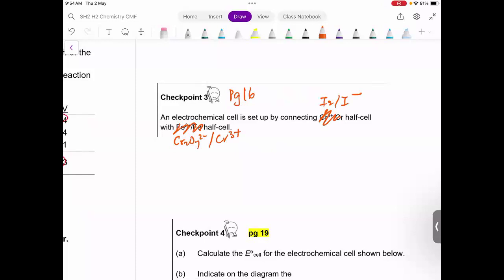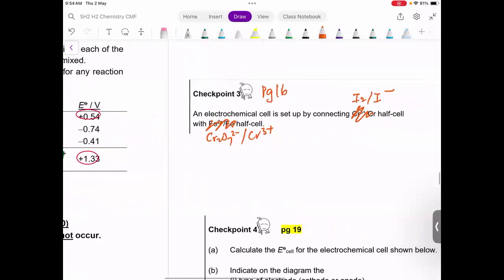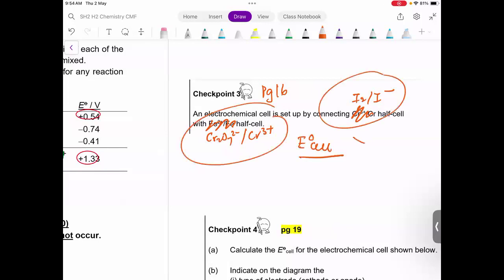In this case, will I still arrive at the same conclusion? What's the difference? It will be spontaneous. Please take note: if I'm working with two half cells, E cell by default is always more than 0. I reiterate again: the E naught cell you calculated from these two half cells is always more than 0 by default.